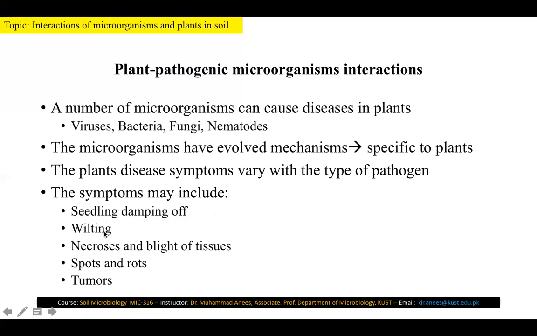Second important disease is wilting. As the name indicates, wilting means the plant wilts and dies, because the pathogen attacks the vascular tissues and blocks the supply of water to the shoot. Then there are necrosis and blight of tissues, in which there is some local effect on tissues.